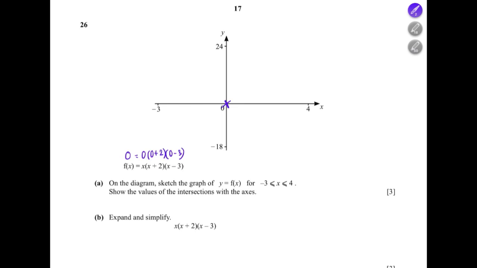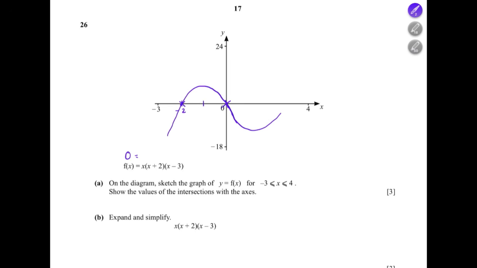The second point is if you take -2, so this is going to be -2, and then -2 plus 2 will give you 0, so 0 into anything will become 0 as well. So we'll take -2 here. So the graph is going to be intersecting here, something like this.